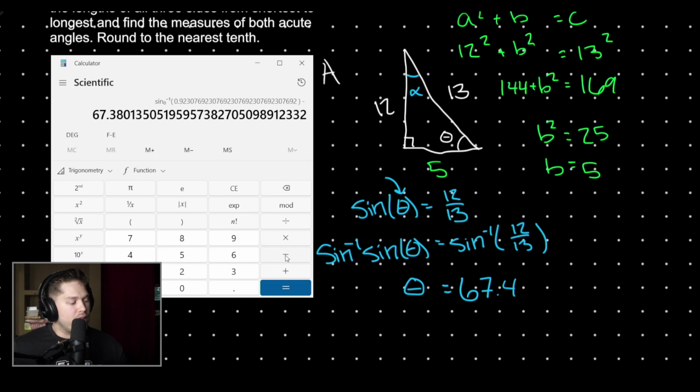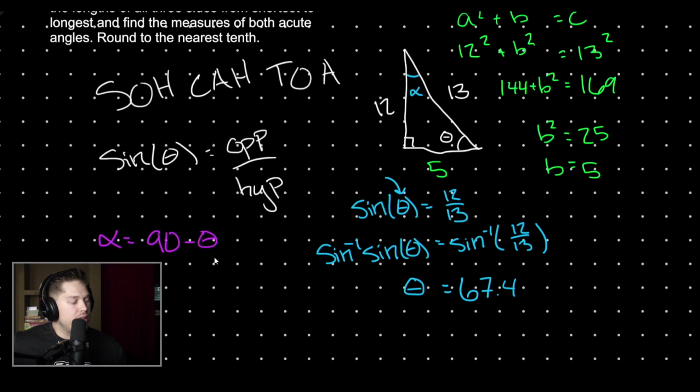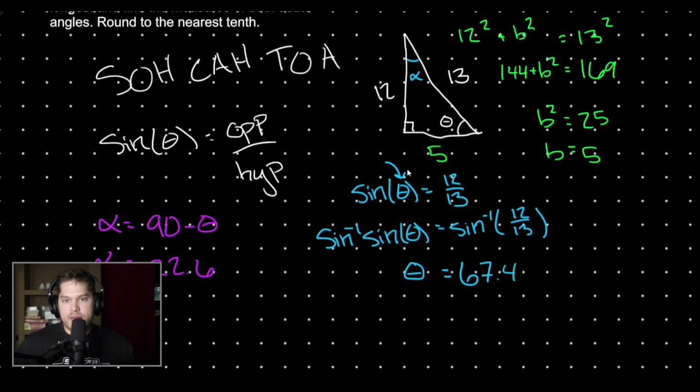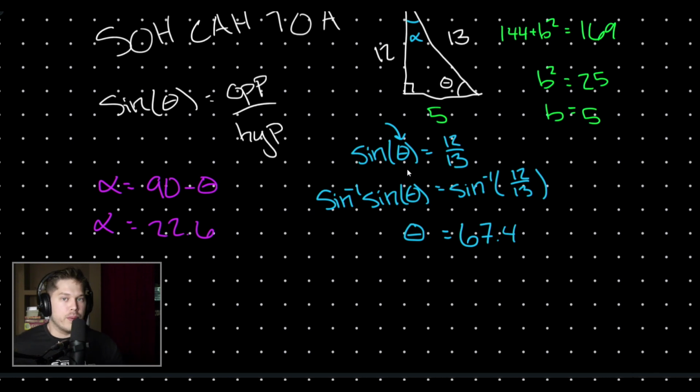We get 22.6 once we round to the nearest tenth. So this is going to be 22.6 for alpha. Let me scroll down a little bit so you can see the work again.